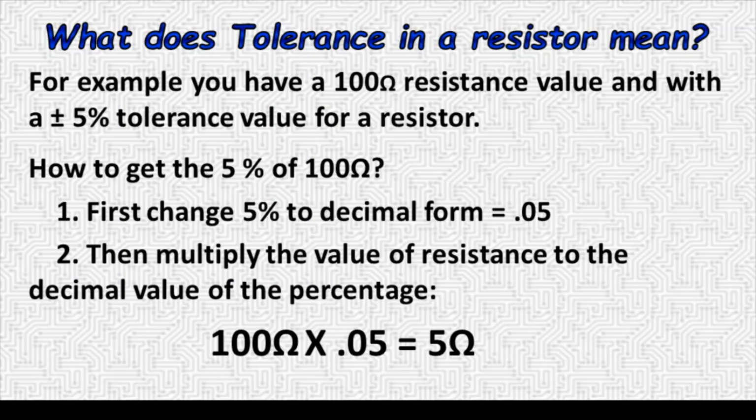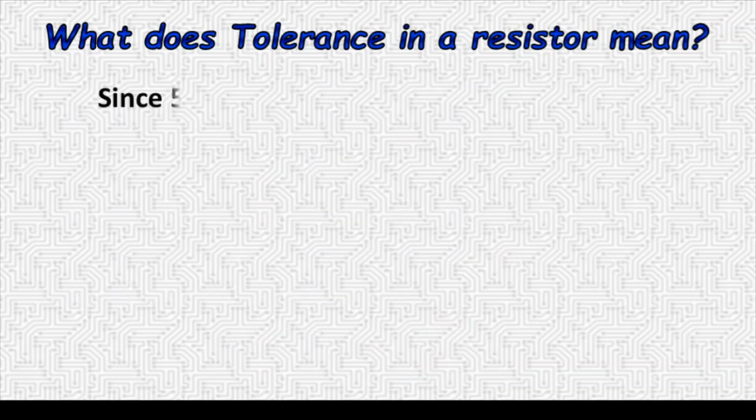Multiply natin siya ng 0.05 kapag siya ay gold, and then 10% or 0.1 naman kapag siya ay silver. Yun na ang ating magiging value. 5% or 5 ohms resistance ang ating magiging tolerance value ng resistor. So, ano ibig sabihin nun?